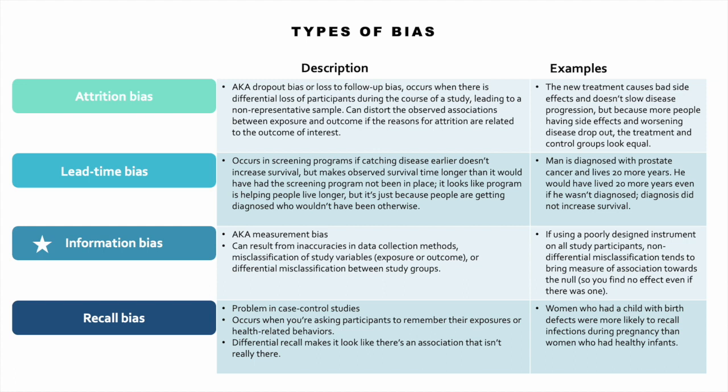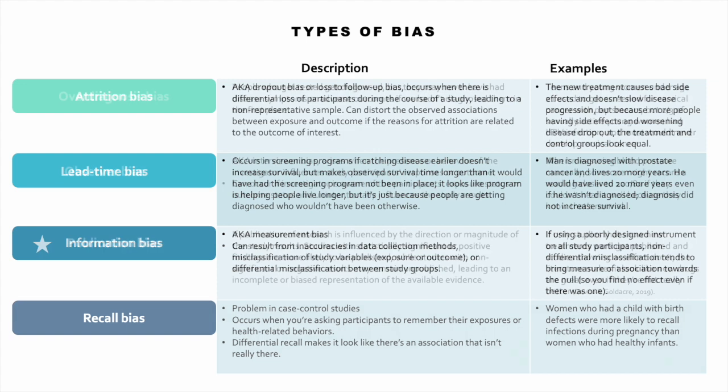For example, there was a study of women postpartum that was researching whether infections during pregnancy might be associated with congenital malformations, and the women in the control group who had a normal, healthy infant were much less likely to recall having an infection during pregnancy compared to the women who had an infant with birth defects, who were likely spending a lot more time trying to remember anything that happened during the pregnancy that might have been associated with this outcome. So that could make it look like there's an association that isn't really there.